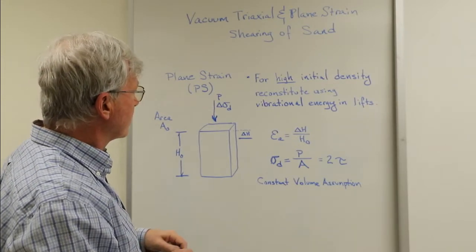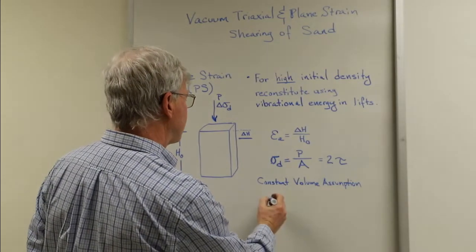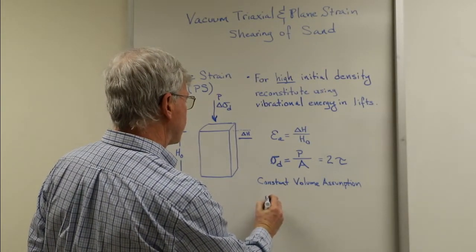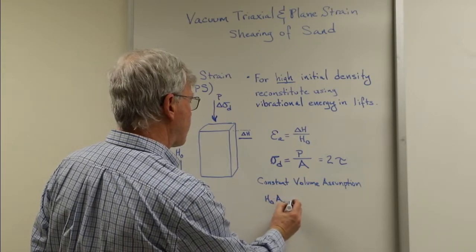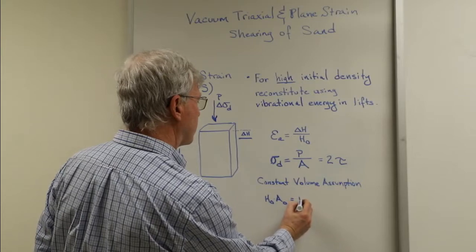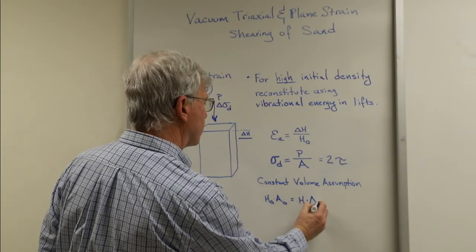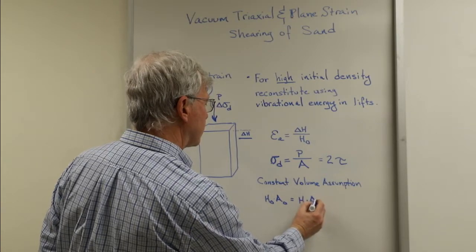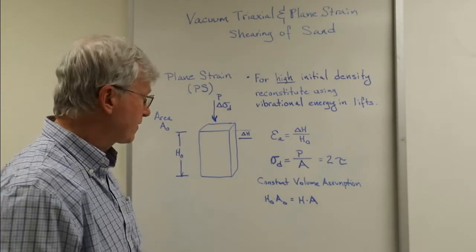So we're going to basically be saying, since it's constant volume, that the initial height times the initial area remains equal to the current height times the current area, because they're equal to the same volume all the time, right?